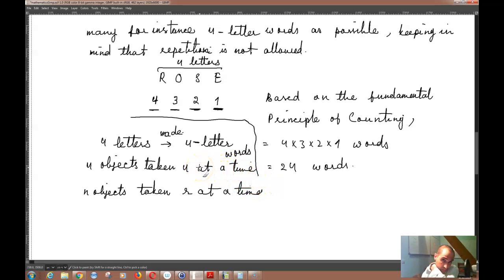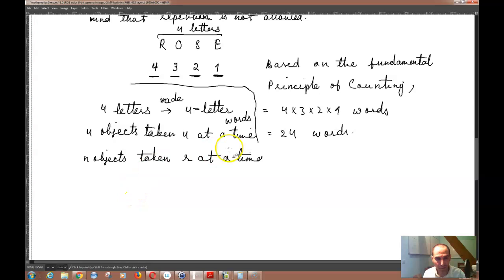And now you can of course use the formula to calculate the same thing over here. So basically, using simple calculation, we got 24. And if you use the formula that we found, n permutation r was 24. So now over here, my n was equal to 4 and my r was equal to 4.